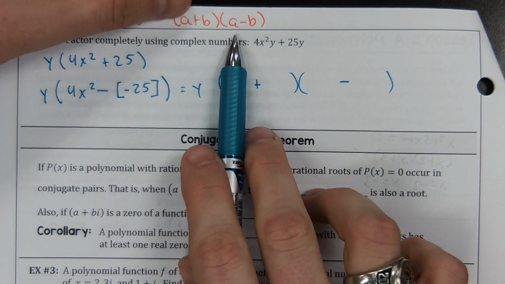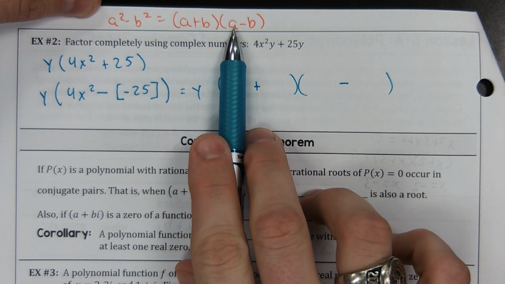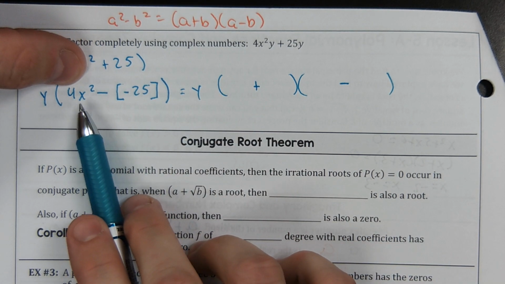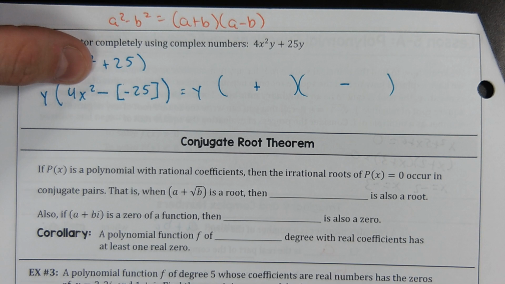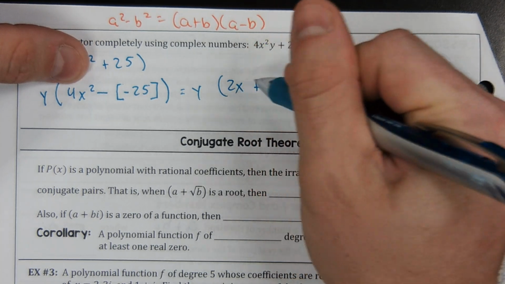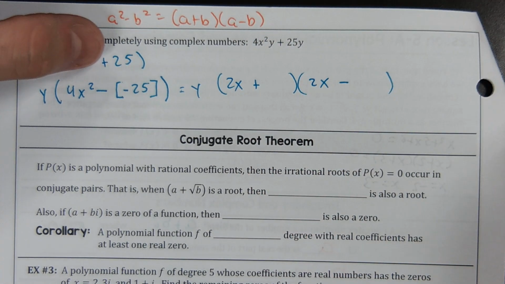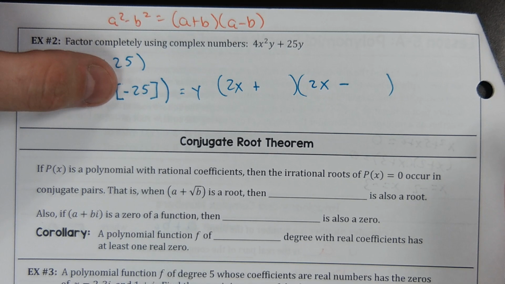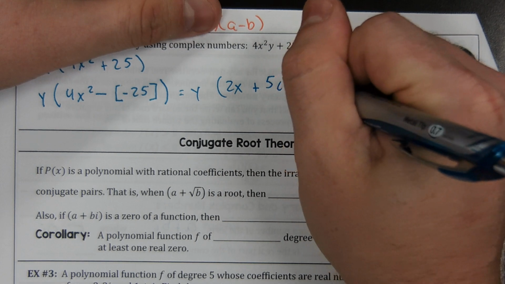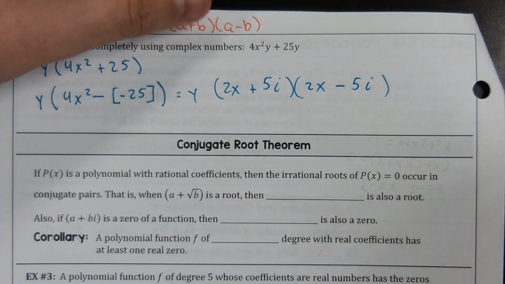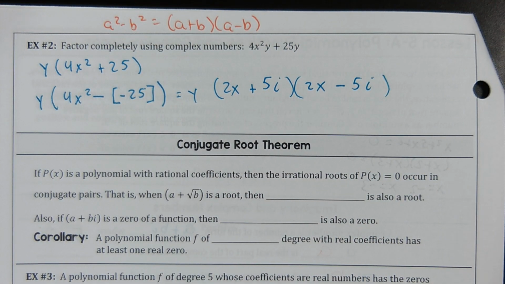A is the square root of a squared, so I need to know what the square root of 4x squared is. It's 2x. So there's a 2x at the front of both of these. And what is the square root of negative 25? 5i. There. It's factored.